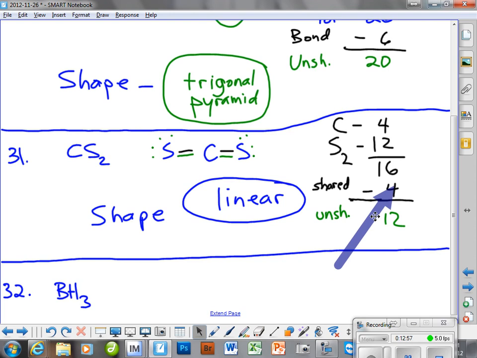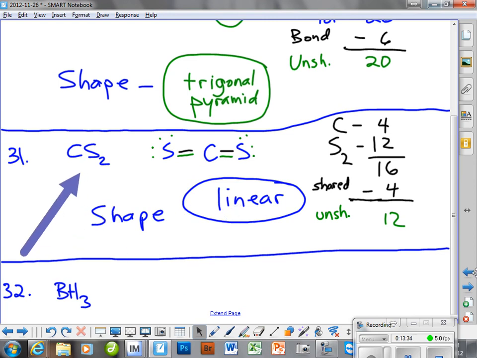Now we're taking out 4 because we have a black line here and a black line here before we put the rest of the unshared pairs in. And these unshared pairs were 12. 2, 4, 6, 8 are left, because 2 that were around this sulfur got put into this bond, and 2 that were around this sulfur got put into this bond, making 2 double bonds and leaving carbon disulfide as a straight, or linear, shape.